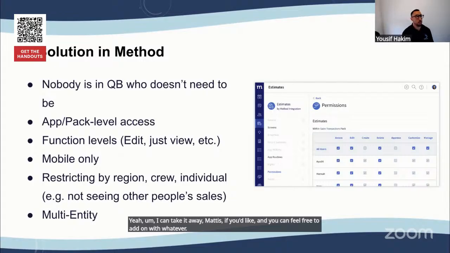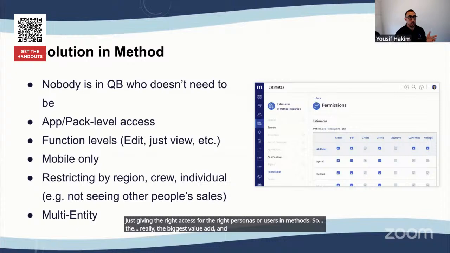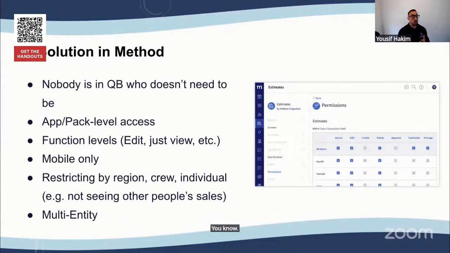So, Method out of the box is pretty robust with flexibility when it comes to giving the right access for the right personas or users in Method. The biggest value add, and Dan, you mentioned this earlier on, and same with you, Mattis, is the fact that you can take away users in your QuickBooks that really shouldn't be touching your accounting file.